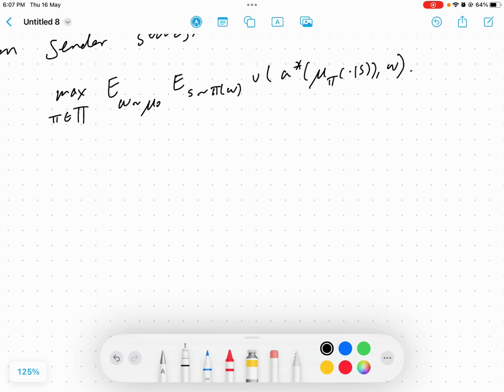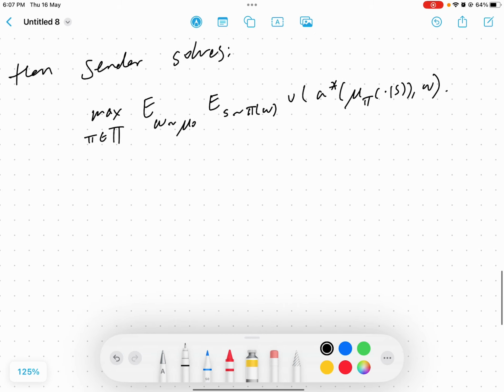Okay, so this expression here is quite long, right? So we need to simplify that before we can actually start to solve this optimization problem. Okay, so there are some problems with this long expression. So the first thing is that this set Pi is a very large set.